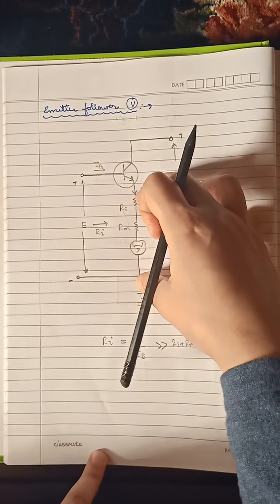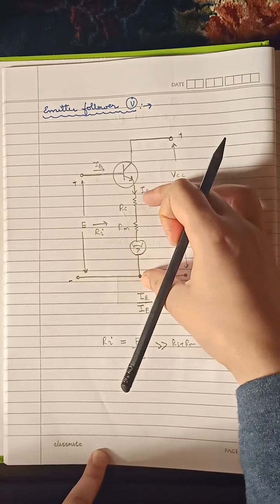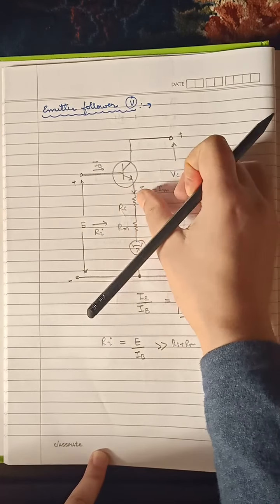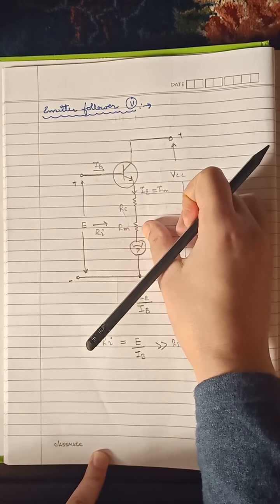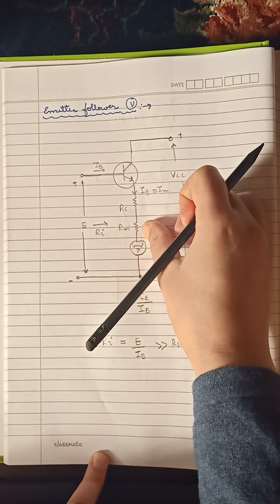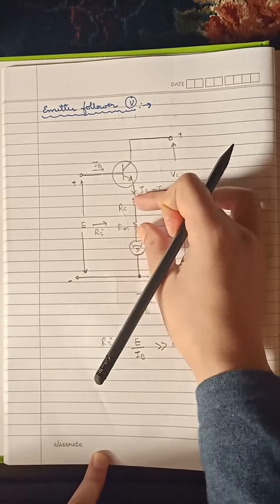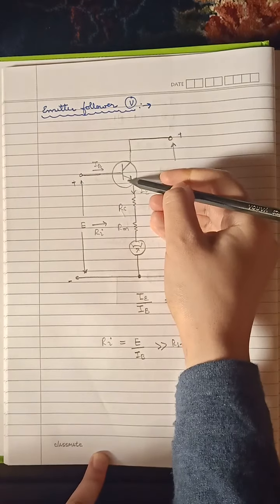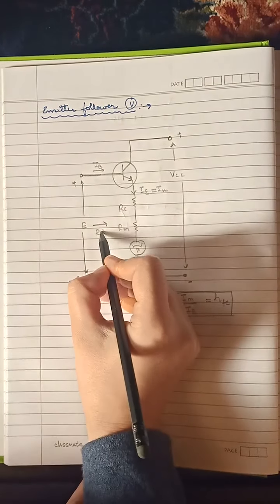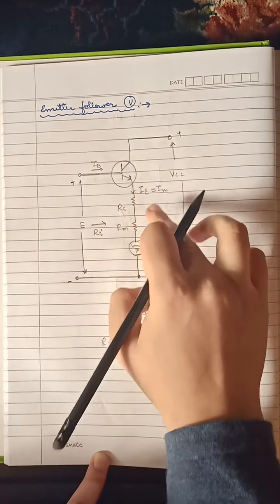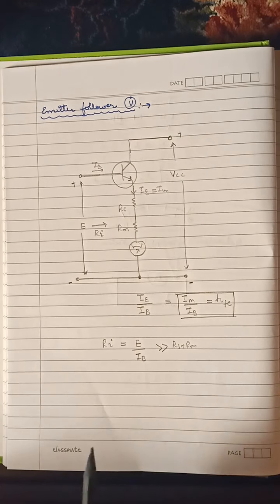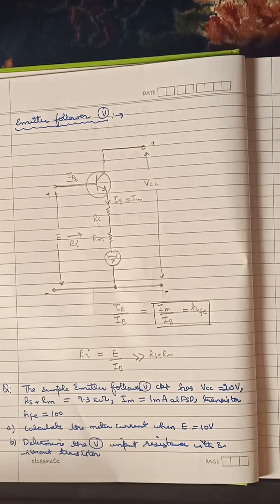If we measure the voltage directly with the meter, the input resistance is the series resistor plus the meter's multiplier resistance. But when we connect the transistor, our effective input resistance is E by IB, and always this resistance is much greater than this resistance. We will get to know this with the help of the example that we are just going to discuss.